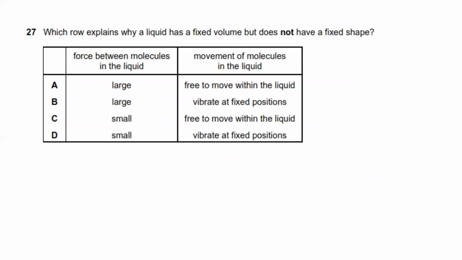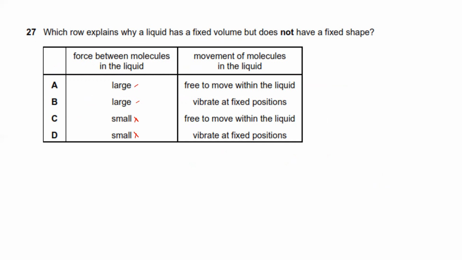Next question, question 27. It says, which row explains why liquid has a fixed volume but does not have a fixed shape? So the reason is the force between the liquid molecules is of large nature. The small is for gases, that is not the case. The molecules are free to move within the liquid, and that is the reason why they take the shape of the container in which they are poured.